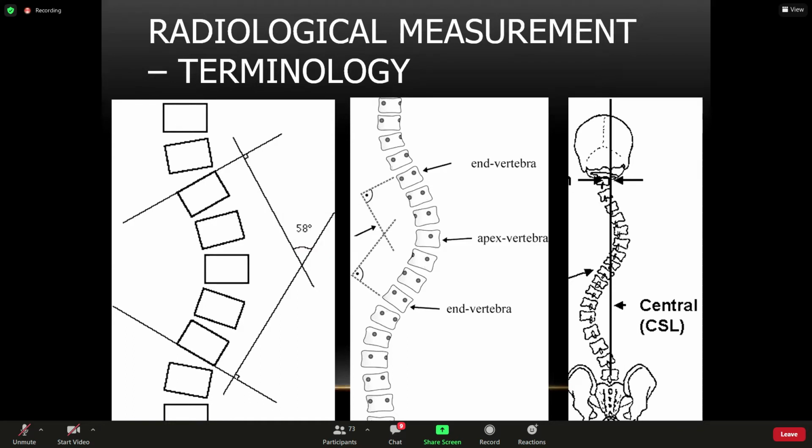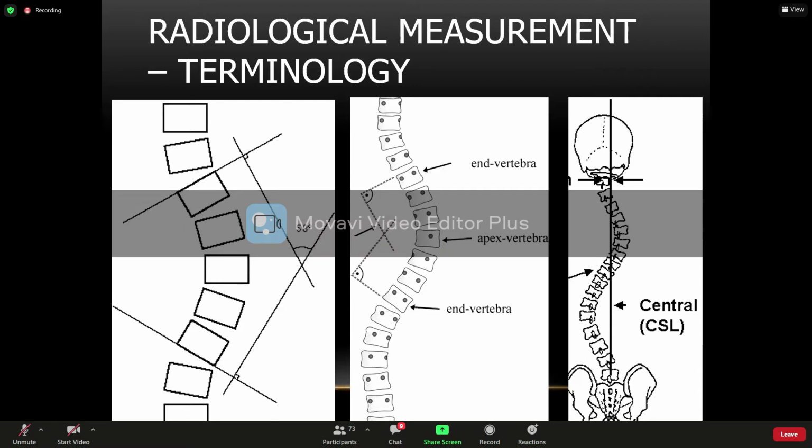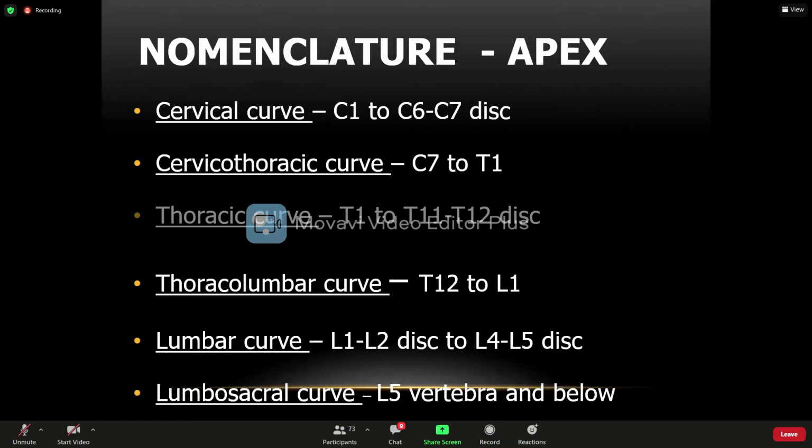It's important to know which is the apex vertebra because the terminology for scoliosis depends on the location of the apex vertebra. What kind of scoliosis do you call it? Nomenclature, like I said, depends on the apex. If the apex is in between T1 and T11 vertebra, it's called a thoracic scoliosis. If it is between T12 and the L1 vertebra, it's called a thoracolumbar scoliosis.